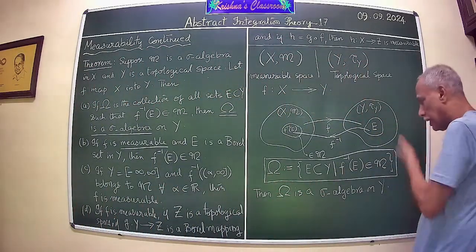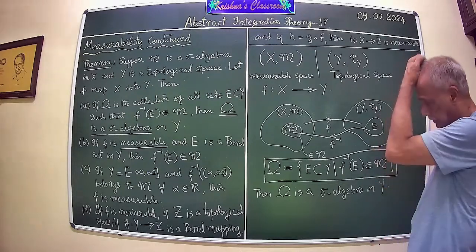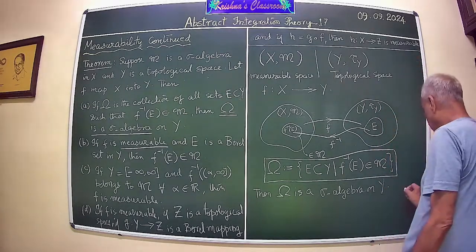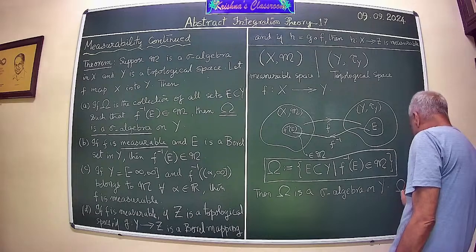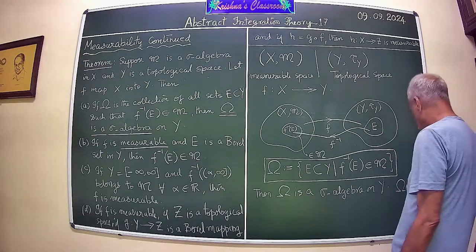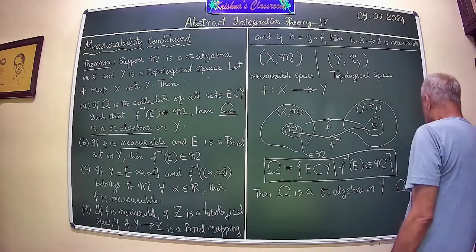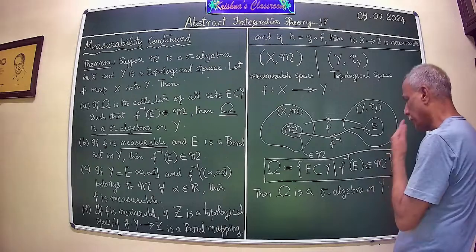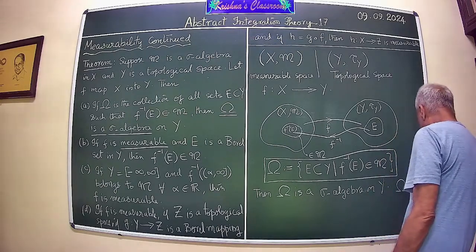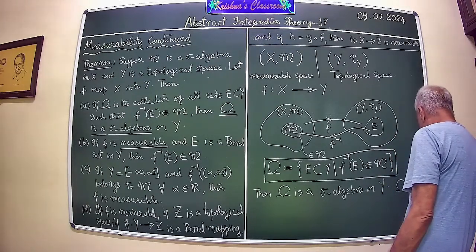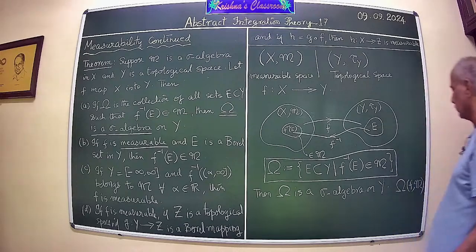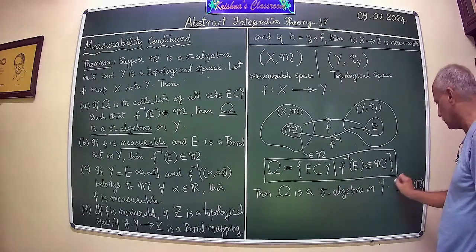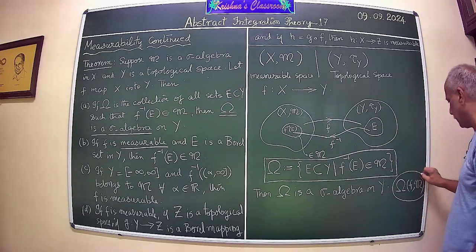Now this sigma algebra omega is essentially dependent on two things. One, it is dependent on the sigma algebra F and also on the map F. Okay. So omega depends on both.